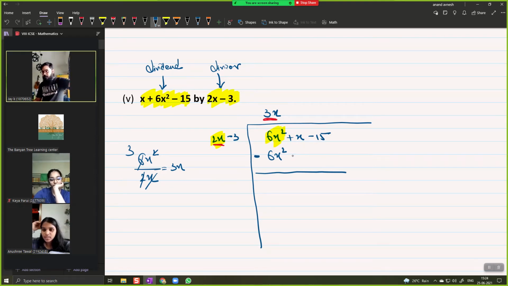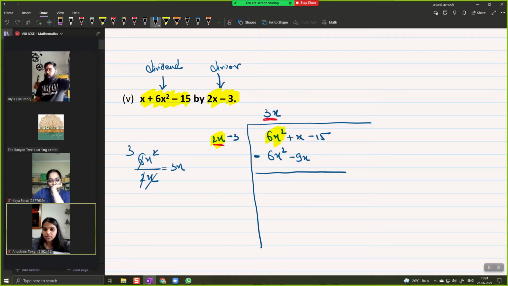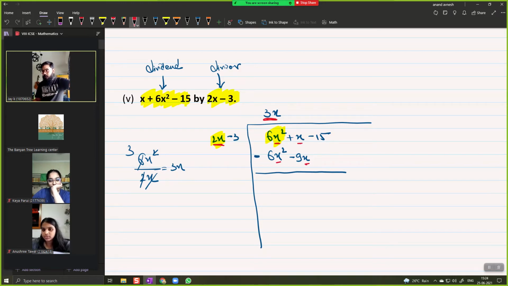Correct. Minus 9x, and that you have to write below the second term of your divisor. Automatically, we are writing like terms under the like terms.